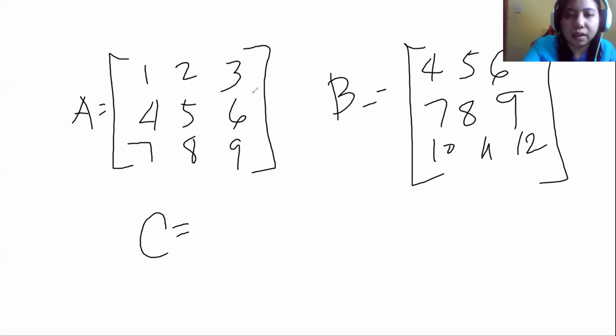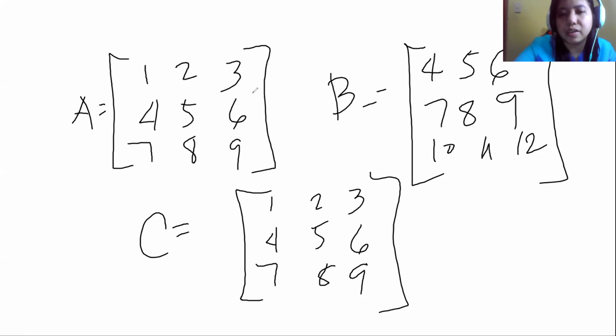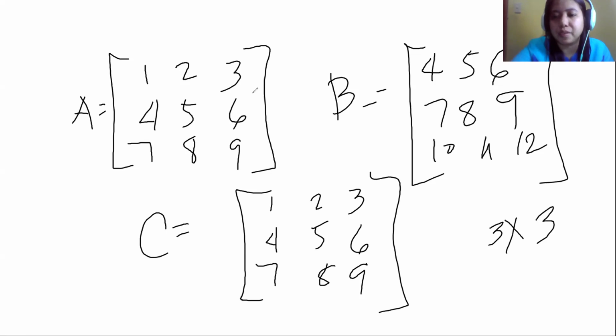And let's consider another one: 1, 2, 3, 4, 5, 6, 7, 8, 9. In these matrices, we have the same order for A, B, and C, and that is 3 by 3. So they have the same order.